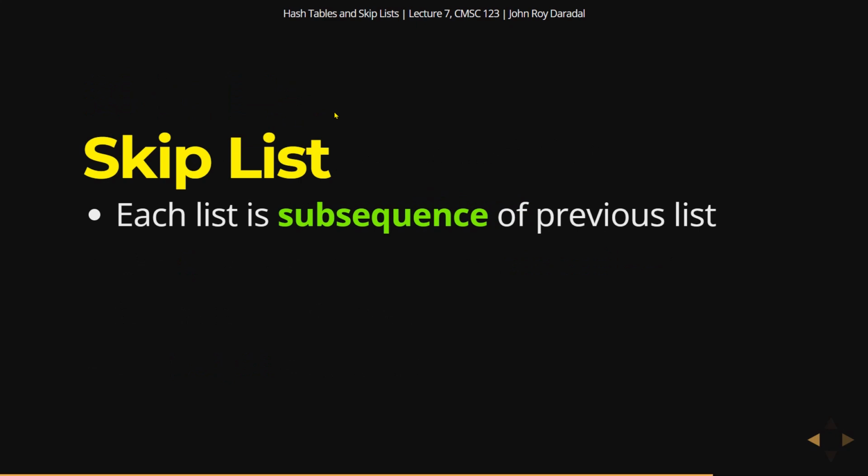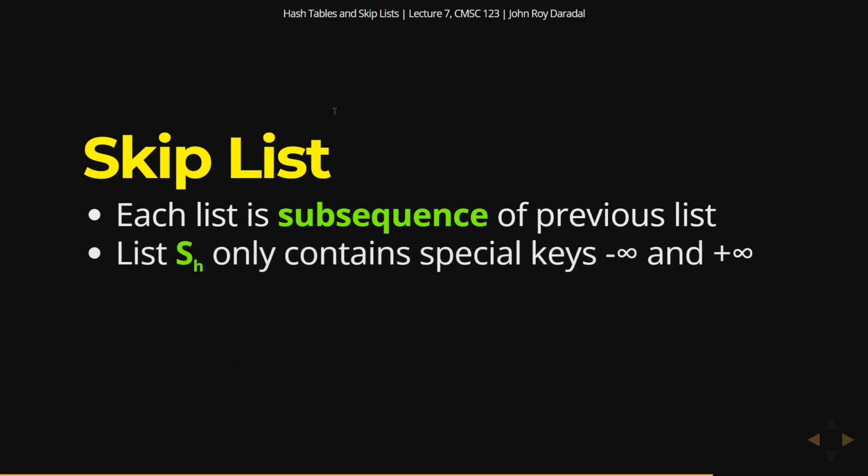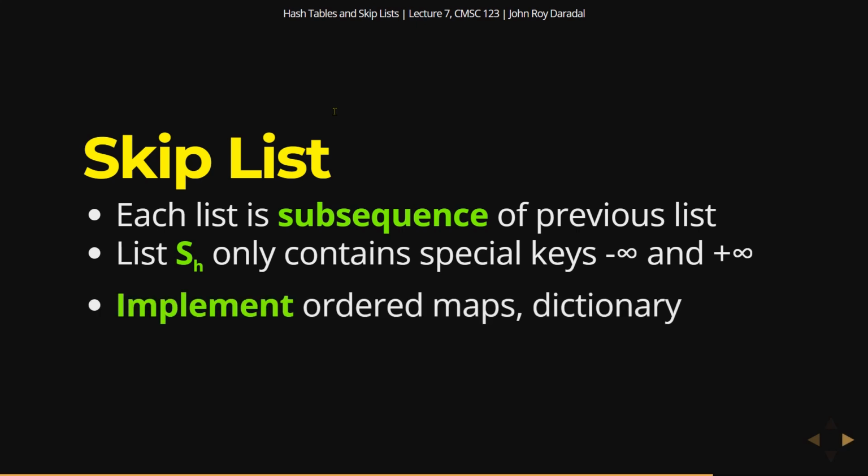And then each list is a subsequence of the previous list. I'll show you that in a while. And the last list, S sub h, only contains the special keys negative infinity and positive infinity, so it doesn't contain any of the keys of the map. Skip lists are used to implement ordered maps, and they can also be used even for dictionaries.